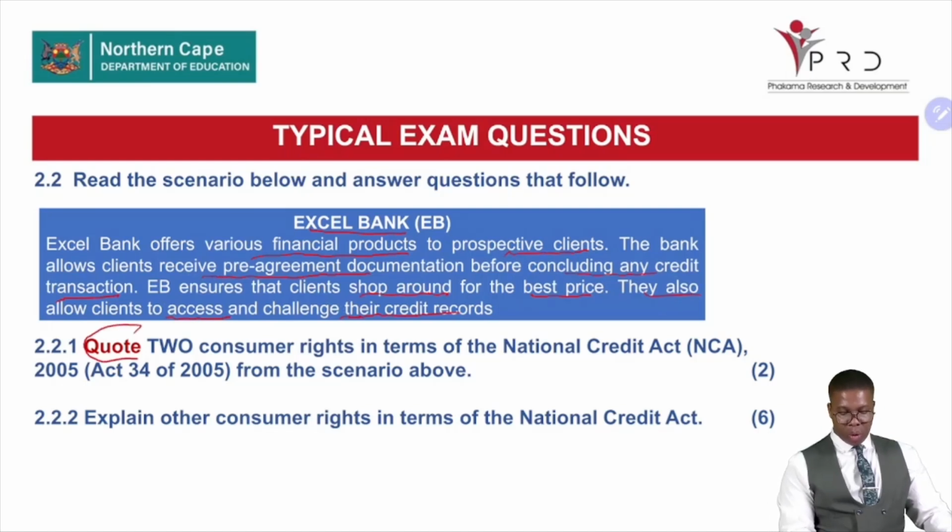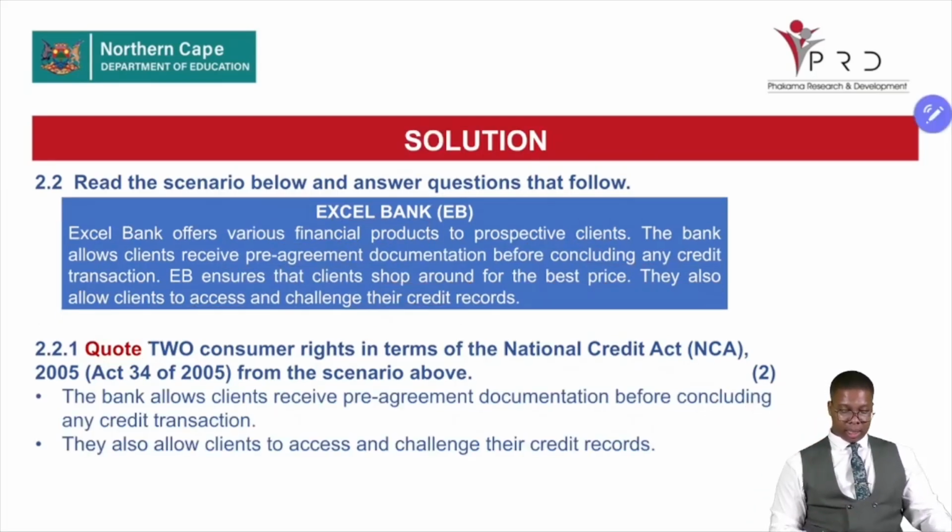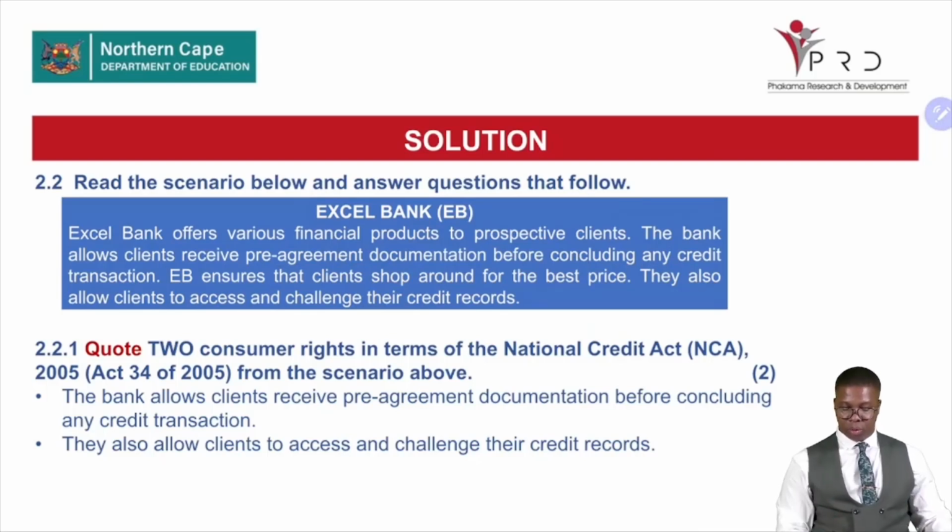You are expected to quote as well here, because under the rights of the National Credit Act, according to the consumer rights, you only have phrases or sentences, but you do not have concepts. Hence, we say quote is the verb that is applicable in this regard. So the 2 consumer rights that are applicable in terms of the National Credit Act would be the idea that the bank allows clients to receive pre-agreement documentation before concluding any credit transaction.